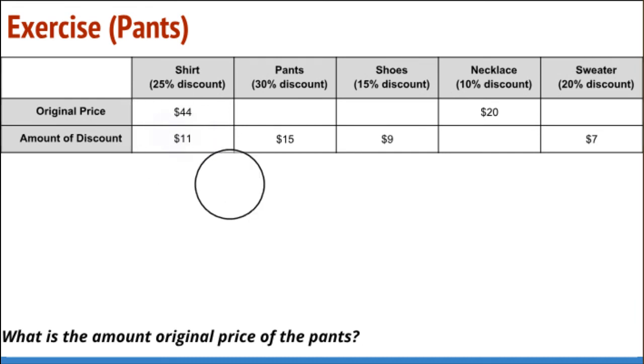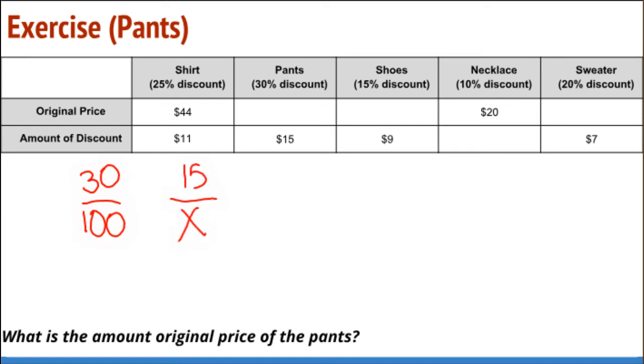All right, so now we're taking a look at the pants. On the pants, it says there was a 30% discount, and the 30% discount is equal to $15. So I've got 30 hundredths, and I know that the 30% is equal to the $15, and I am looking for a whole amount here.